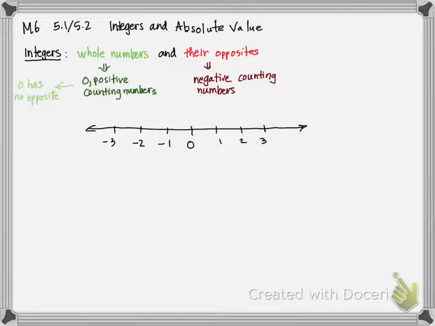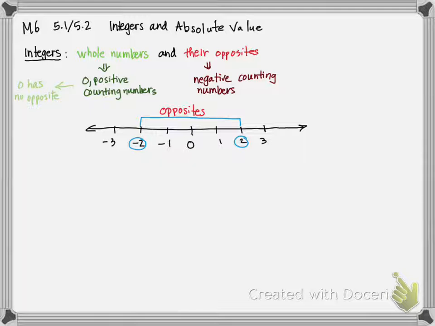I am going to add one more thing to our drawing here. If I'm talking about -2 and +2, those are what are called opposites. They're the same number, but they have opposite signs.